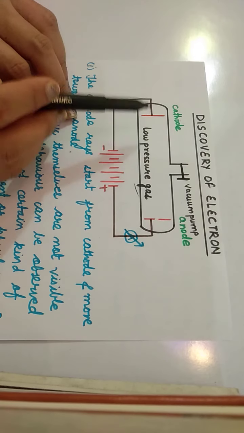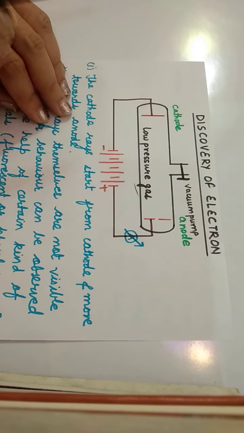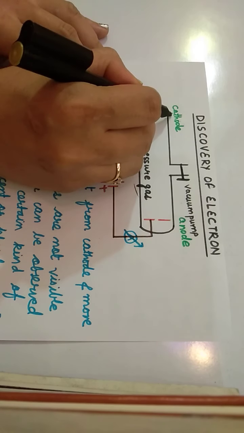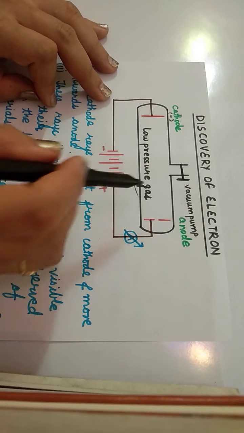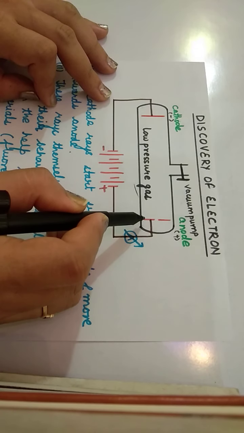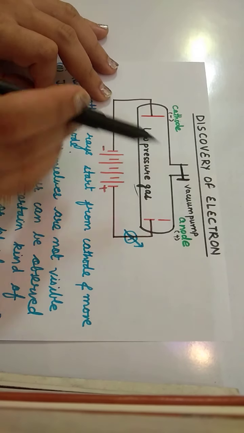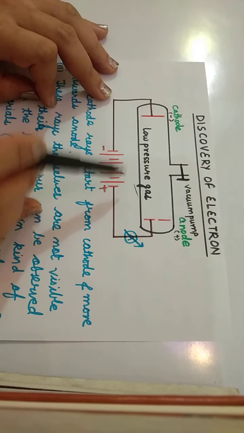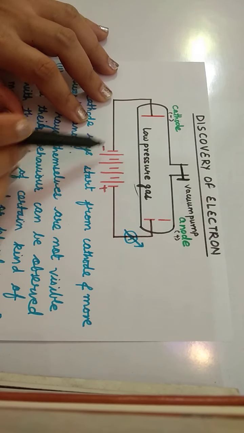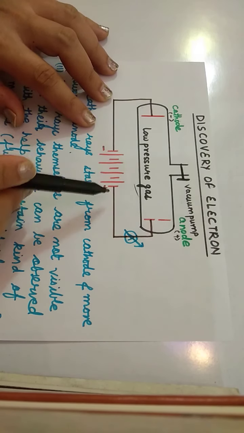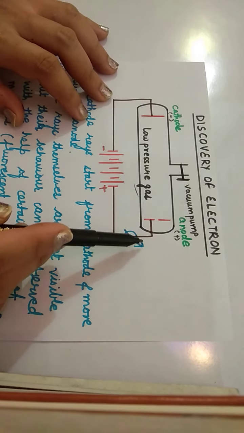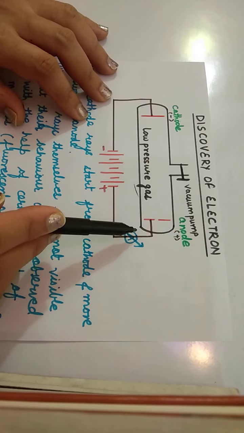Now, in this discharge tube, he placed two electrodes. One on the left side was the cathode, and this cathode electrode was negatively charged, and the one on the right side is the anode, and this electrode was positively charged. Now, these two electrodes are connected to a high voltage current, and the flow of current was detected by an ammeter which is connected over here.